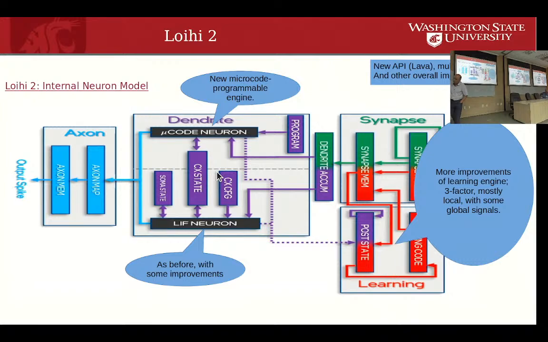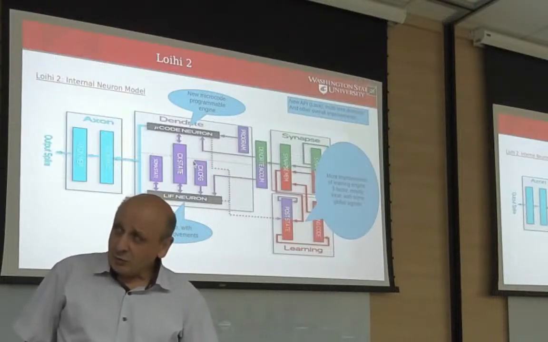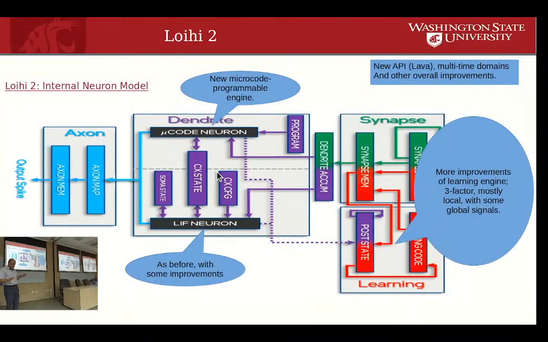Loihi 2 also introduced a new API, which is very interesting as an API. It's a hybrid computing system, allows for declaring computations on CPU, on GPU, and on neuromorphic processors. They promised multi-time domains.